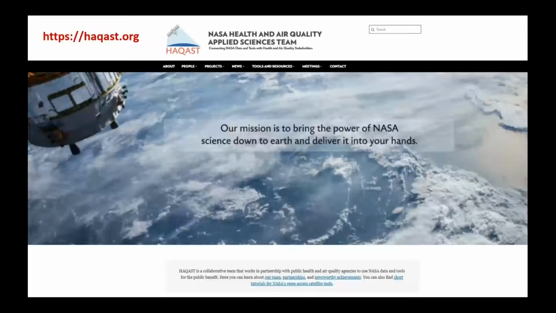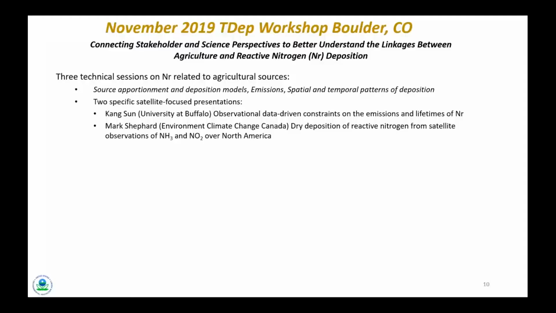Next, I mentioned the ag workshop. This was an agricultural nitrogen deposition focus workshop. There were 3 sessions focused on source apportionment, deposition models, emissions, and spatial and temporal patterns of deposition.